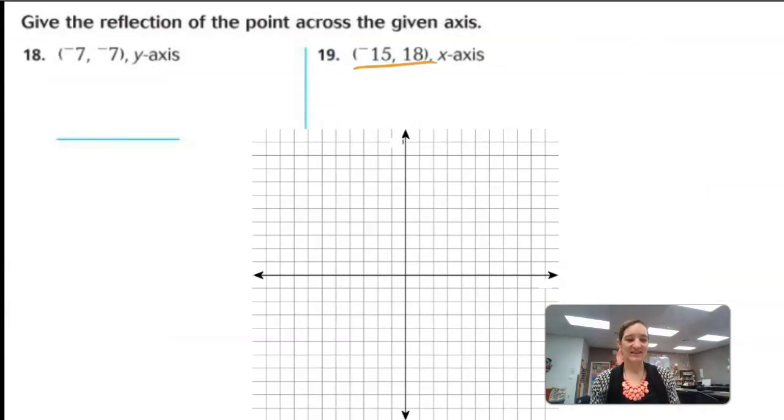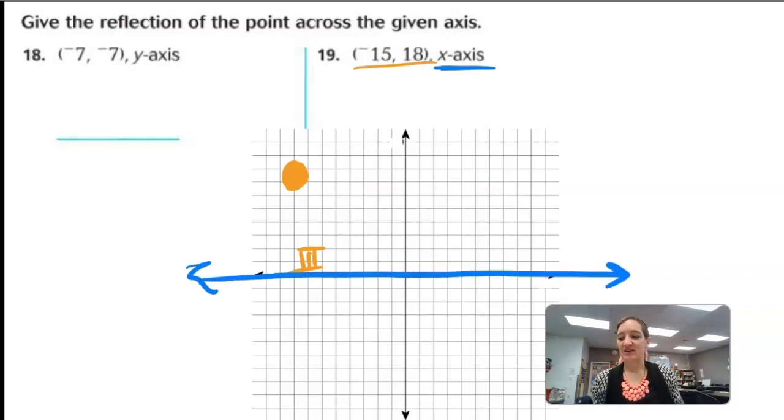So what if we have -5, 18? I'm not going to count, I'm just going to be like, okay, it's in this quadrant, right? -5, 18 will be somewhere in quadrant 2. Now we're going to flip it, reflect it across the x-axis, and that's the horizontal one. So let's think about this.